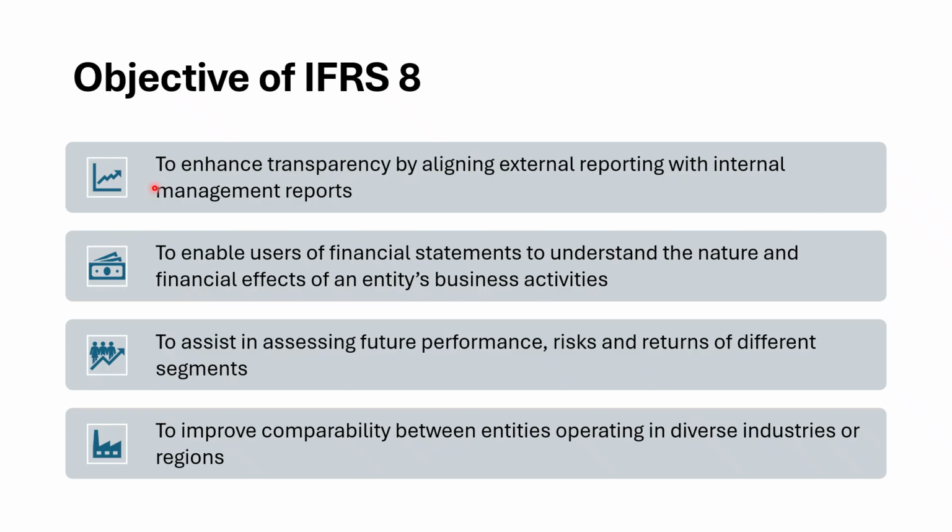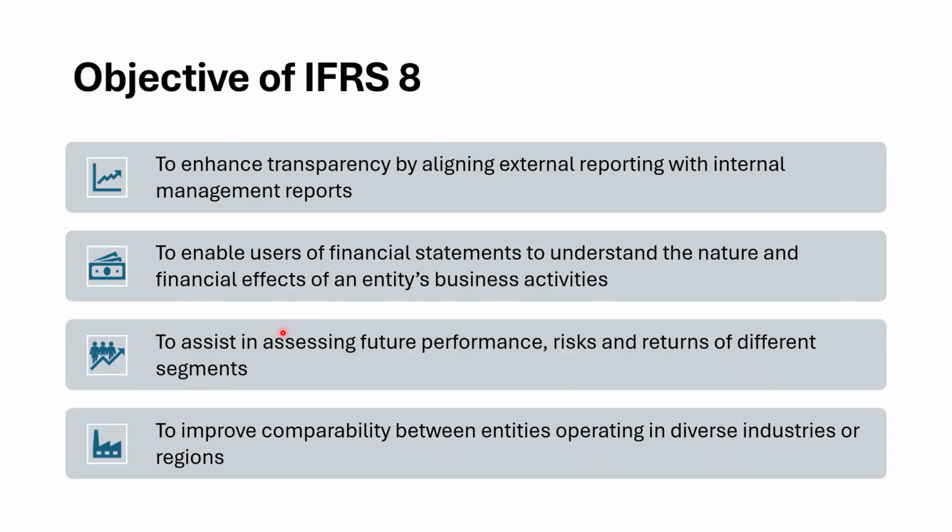Okay, so the main objective of IFRS 8 is transparency. It aims to help users of financial statements like investors, analysts, and lenders understand the nature and financial performance of a company's business activities.